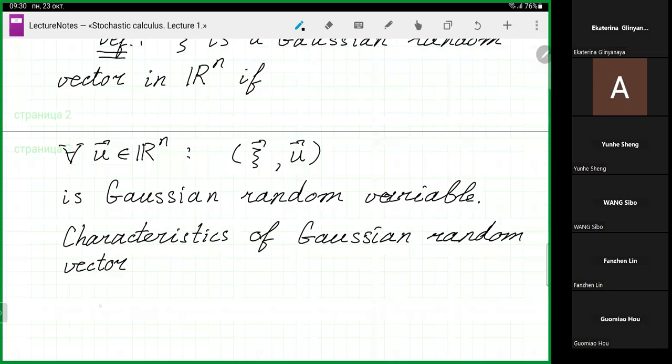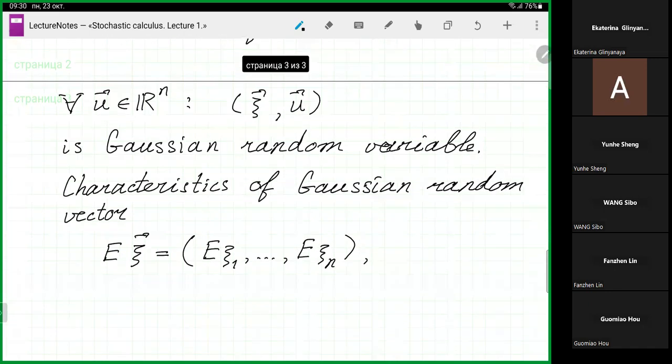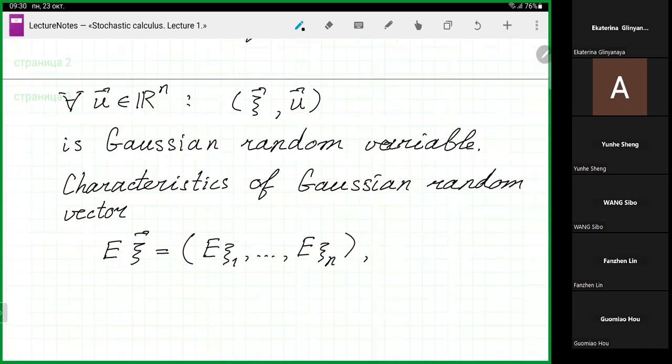Let us introduce the mean, the expectation of psi. It is simply a vector organized from the expectations of the coordinates. And now we have to introduce something which will substitute the variance.